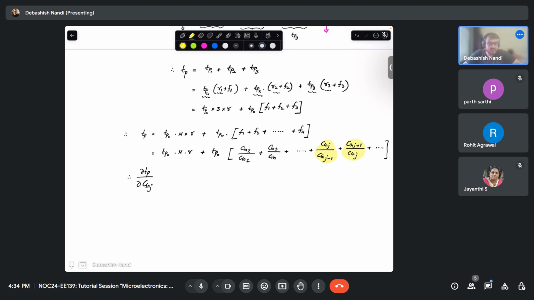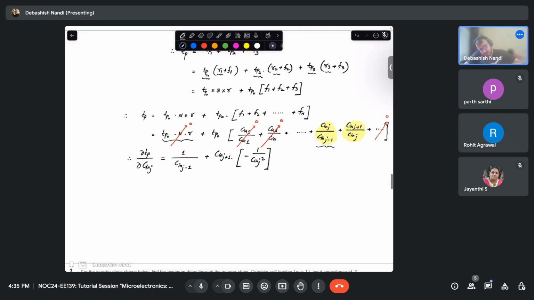It comes into only two terms. So this will be equal to what? The rest is independent of C in J. Everything else will be independent of C in J. So now if we differentiate, this becomes C in J minus 1 plus, this will be C in J plus 1 times minus 1 over C in J square.